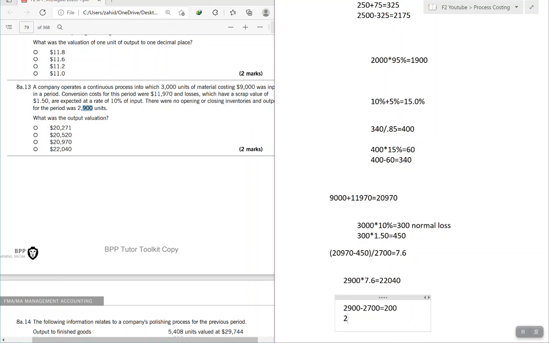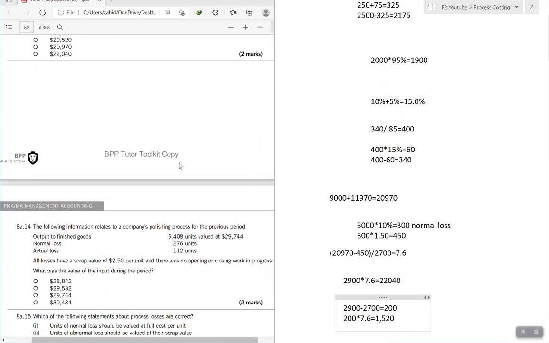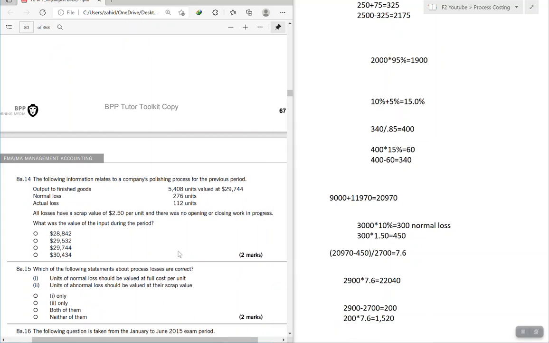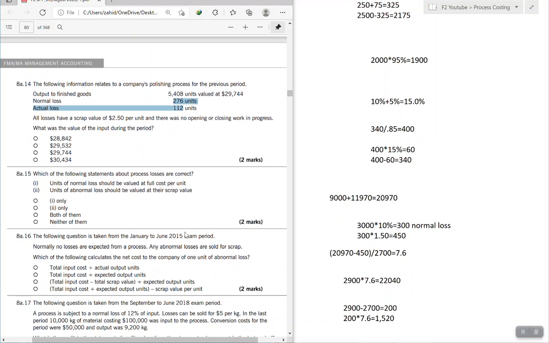They haven't asked it, but still it would be valued at 7.60, which would be valued at 1,520. So if they asked what would be the value of abnormal gain, then 1,520 would have been the answer. This also seems a simple question, so I'll leave it.